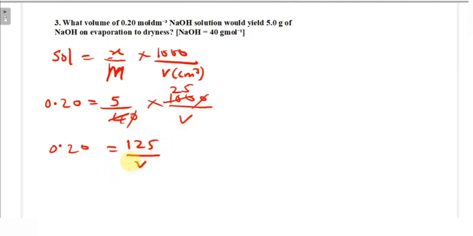When we cross multiply, we have V is equal to 125 divided by 0.20. That's equal to 625. So the volume is equal to 625 cm cube.